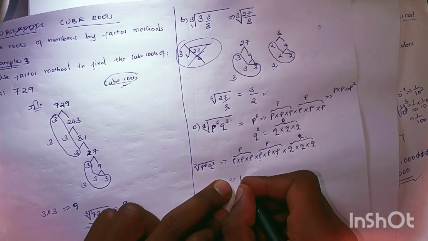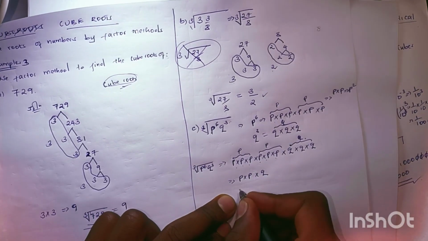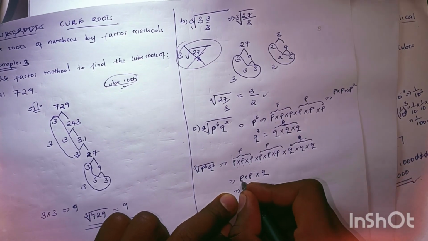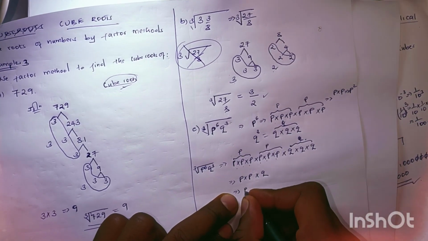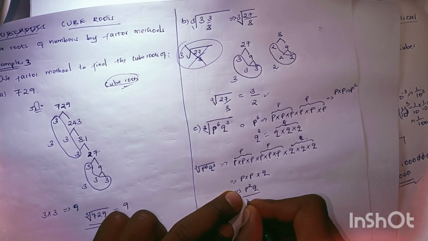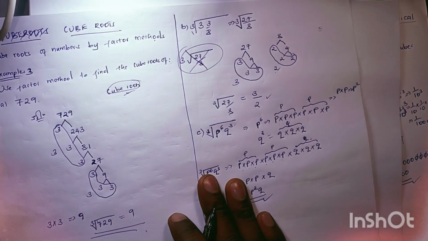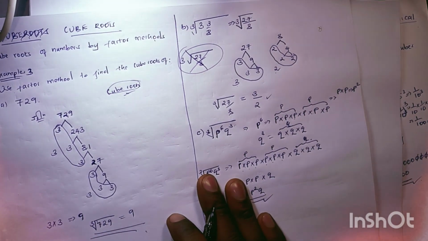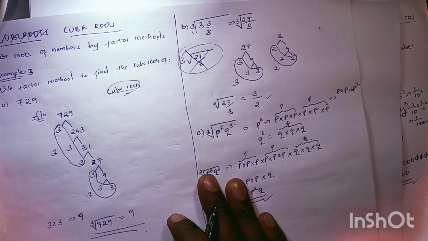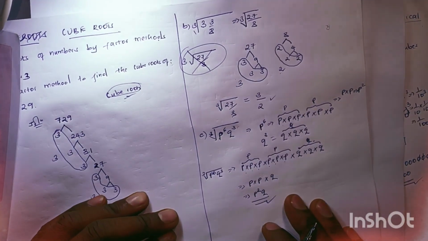It is P times P times Q. That is what I mean with that one. Then P times P is P square. Q. That is our answer, guys. You can imagine the way it is very simple, guys.